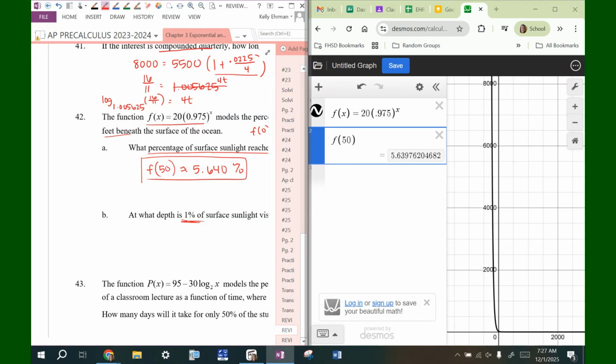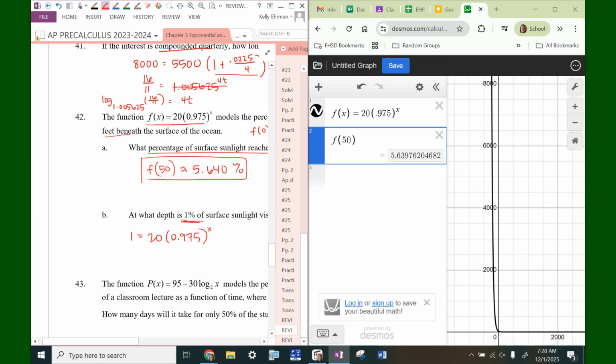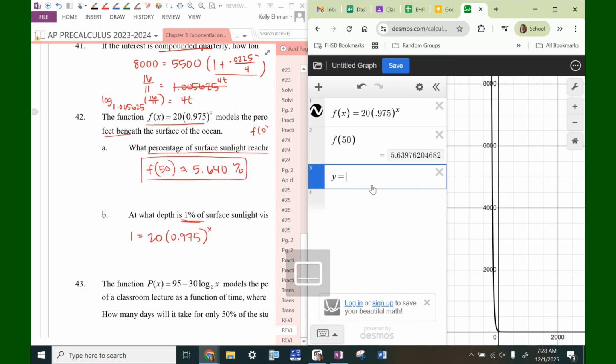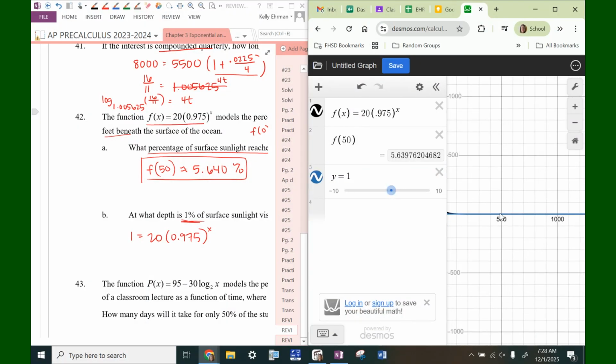All right, and at what depth is 1% of the sunlight visible? So we're setting our function equal to 1. And let's just try to solve by graphing. I already have f of x up here. So let's do y equals 1. And I'm zoomed way out.